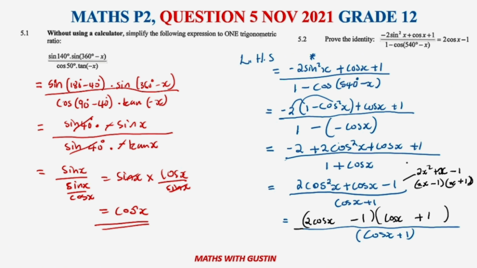So you can see that you have got cos x plus 1 and cos x plus 1 here, therefore they cancel out. It's going to be equal to 2 cos x minus 1, which is equal to the right hand side, guys, when it comes to these identities. Therefore you would have proven these identities.